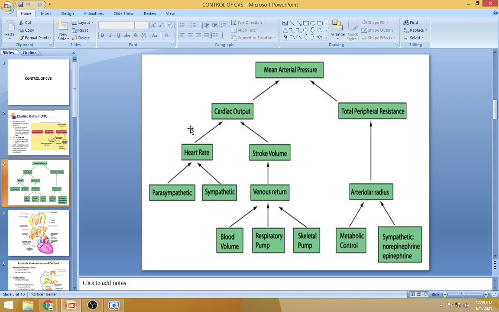Clear? So controlling these is essential, because man is not positioned at rest every time. Man is a creature that is mobile, that performs different activities, and he sleeps and wakes up to perform different types of activities, and all these require a change in all these parameters.